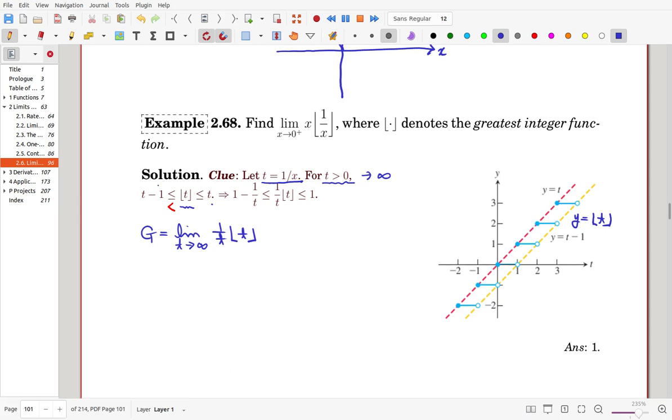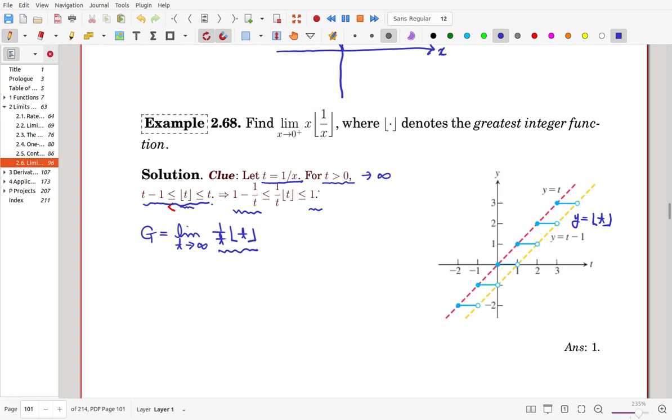Now, if we multiply by 1 over t, the lower bound becomes 1 minus 1 over t, and the upper bound becomes 1. So this term is between 1 minus 1 over t and 1.